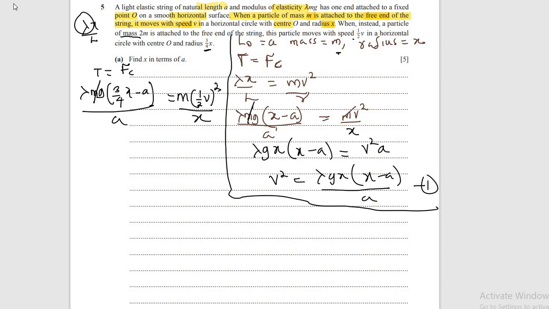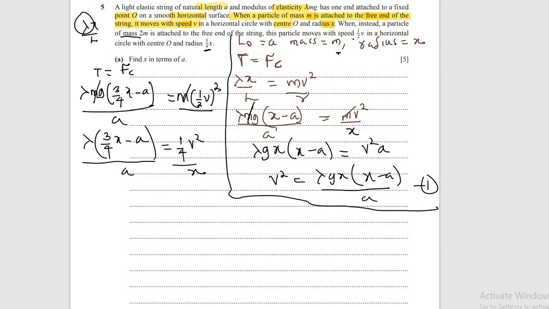At the end of the day, mass cancels mass. We have lambda times 3 over 4x minus a, all over a, equal to 1 over 4 v squared over x. So when you cross multiply, oh, the radius in this case is not x.